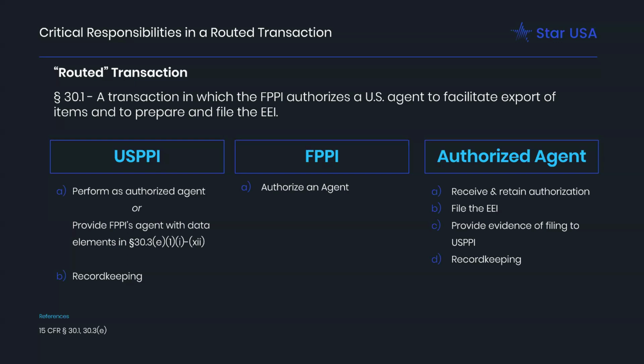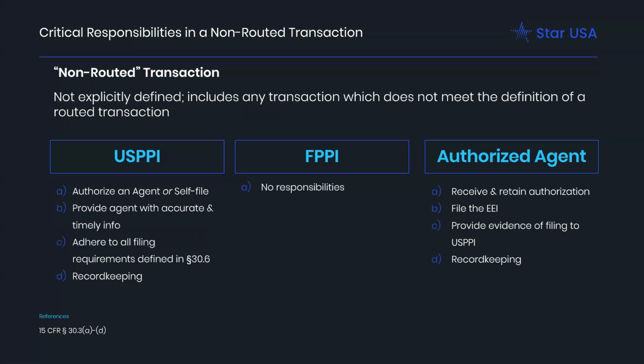The authorized agent is responsible for filing the EEI. They also have responsibility for providing evidence of the filing to the USPPI, and they have record-keeping responsibilities as well. When it comes to providing evidence of filing to the USPPI, the authorized agent is not obligated to provide the AES record. They are obligated to provide confirmation of the data that they filed that was provided to them by the USPPI. Hopefully that was clear.